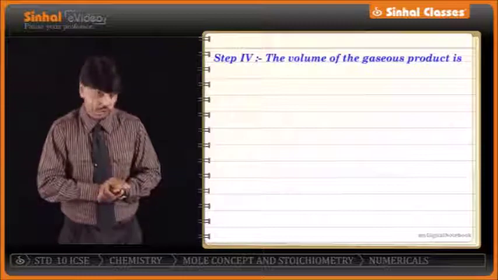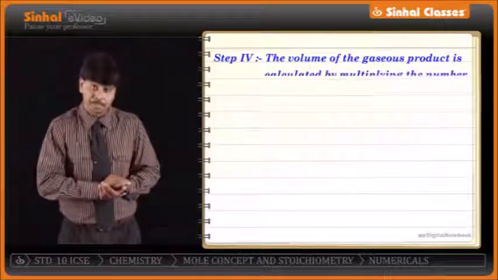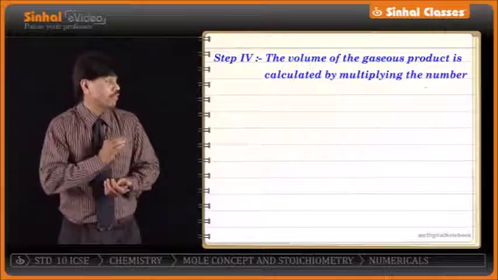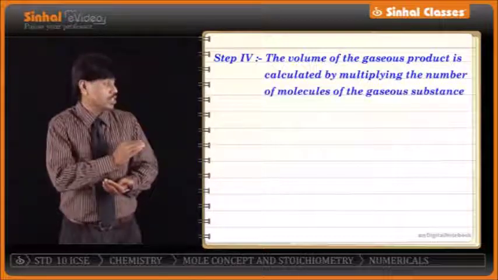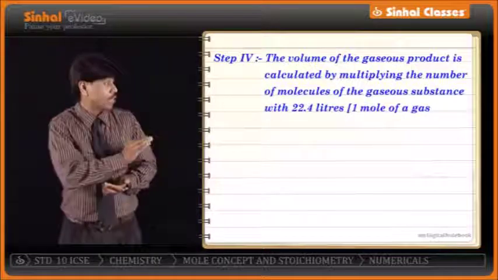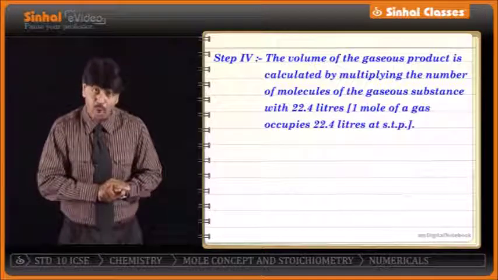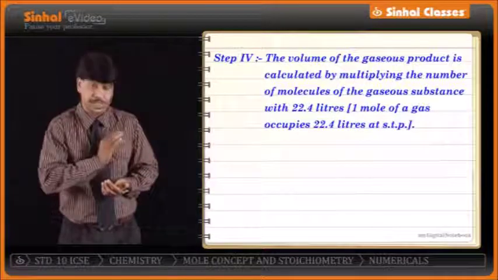Step number 4. The volume of the gas produced is calculated by multiplying the number of molecules of gaseous substance with 22.4 liters. That is, 1 mole of a gas always occupies 22.4 liters at STP.